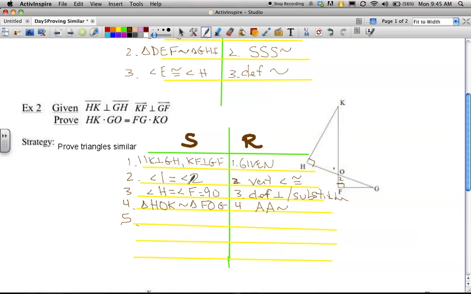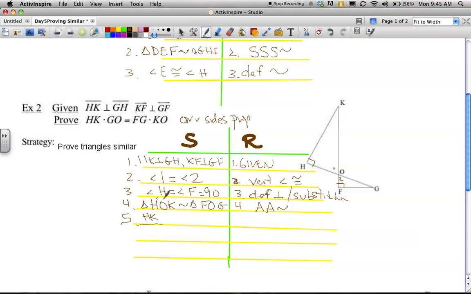And then, now we're trying to get HK, GO. This is all sides information. So I'm thinking we're going to have to show that corresponding sides are proportional. That's where we're going to have to go here. So let's start. We have HK divided by what?